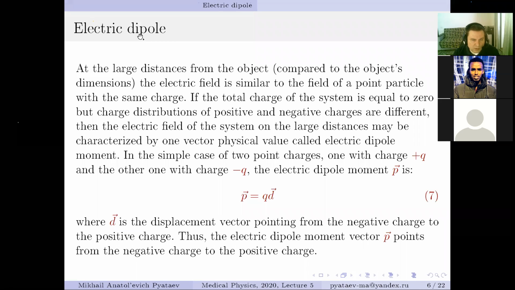The electric dipole moment P is some vector characteristic which describes the properties of a system which has total charge equal to 0.